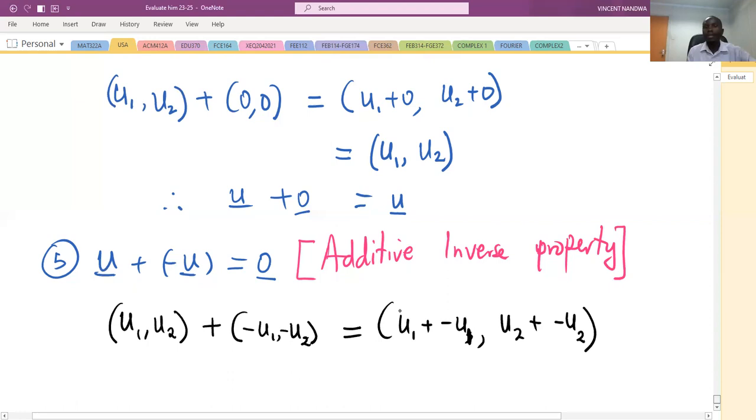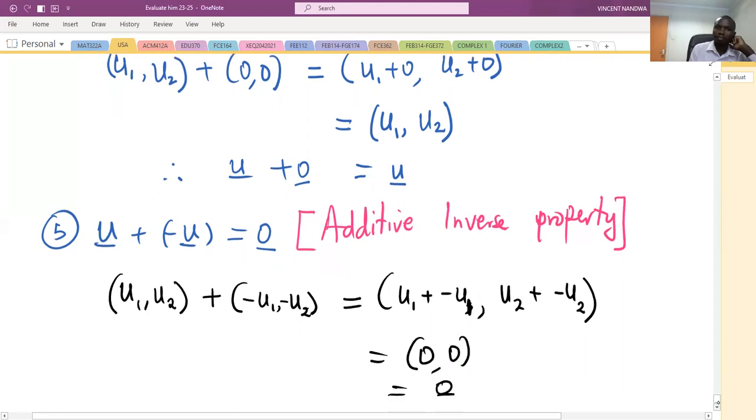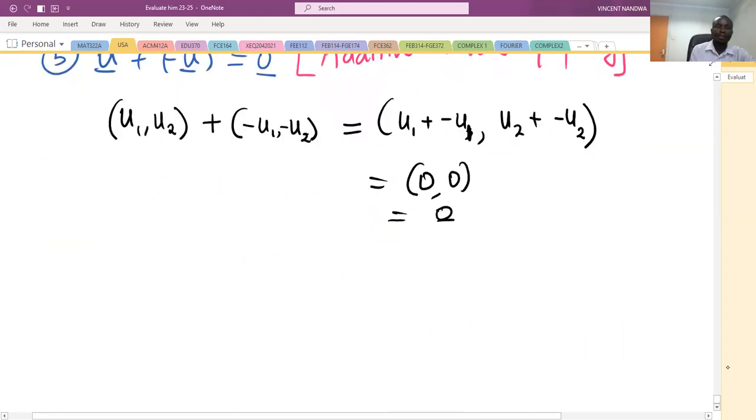Remember, these are real numbers, so U1 plus minus U1 is just 0, and U2 plus minus U2 is 0. And this is the 0 vector we're talking about. So therefore, U obeys that property.